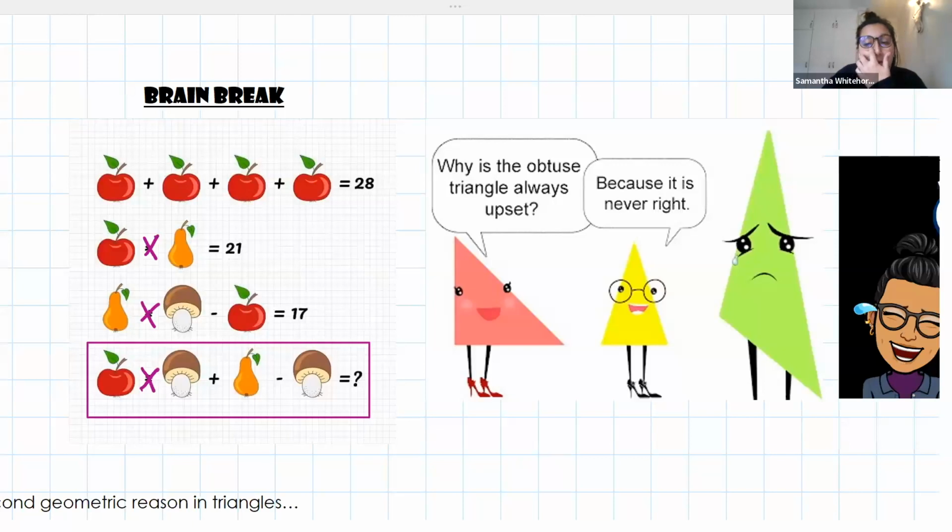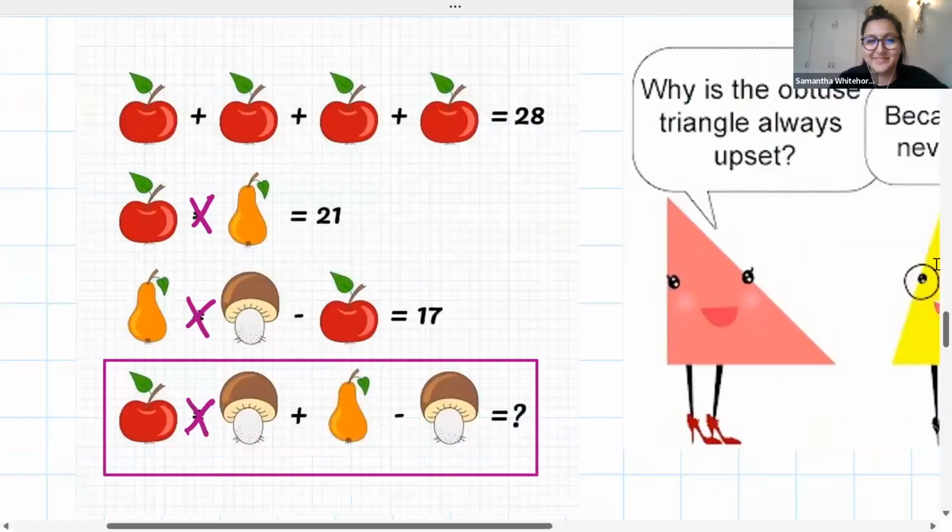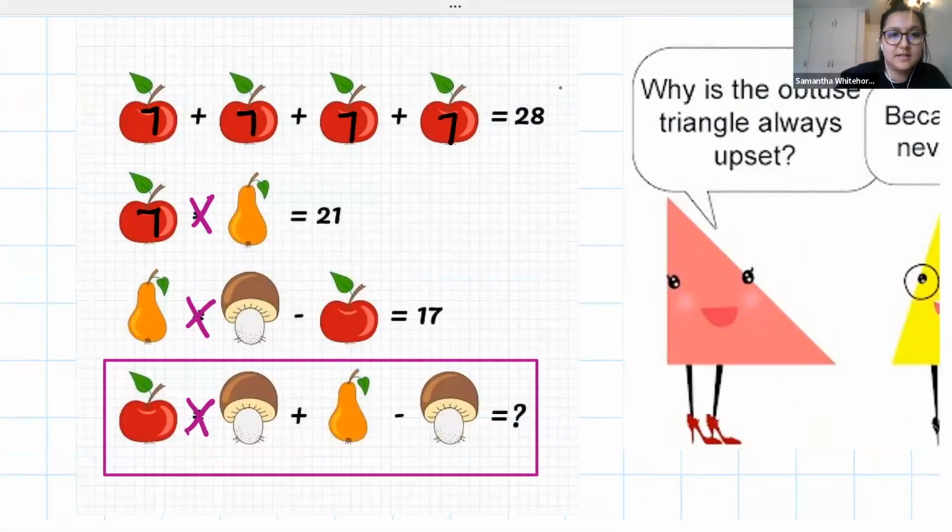Nice, Sinyane, well done. So do you want to explain it for us? Yes, hello, ma'am. So first I said 28 divided by 4, which is 7. Good. Then I said 21 divided by 7, which is 3. Good. Then I said 17 plus 7, which is 24. Then 24 divided by 3, which is 8.